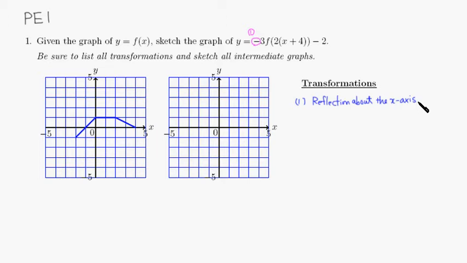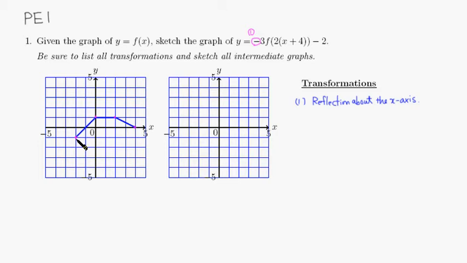Let's apply this transformation. It's going to be a reflection about the x-axis. An easy way to do that is to take a corner point. I'll pay attention to this point and that point and that point and that point, and everything else is just connecting dots.